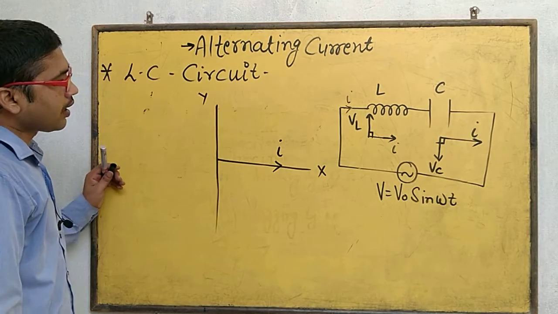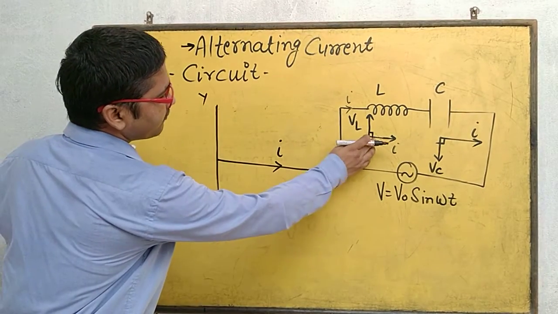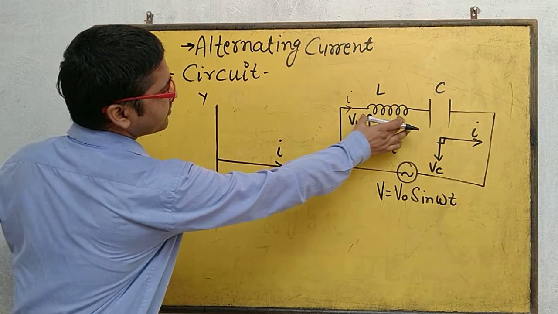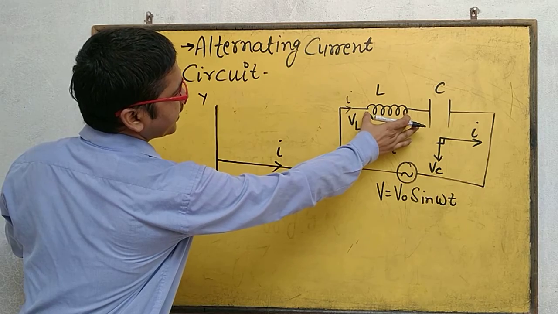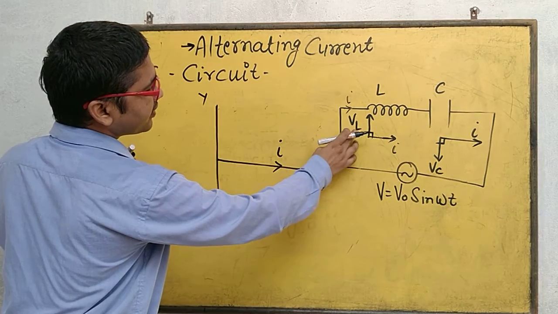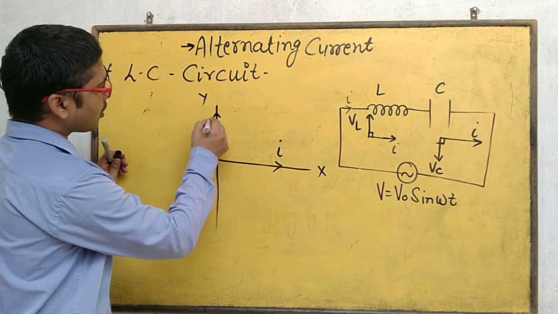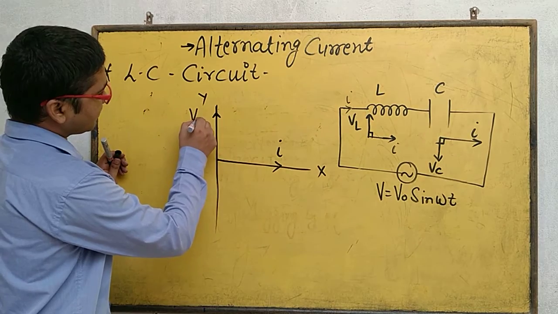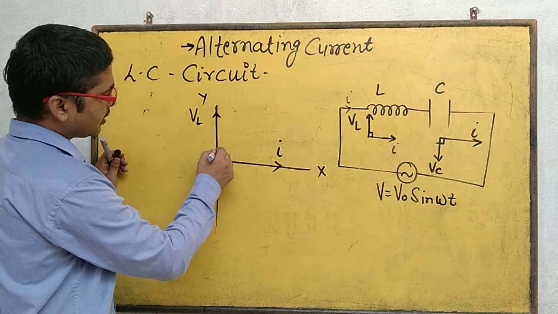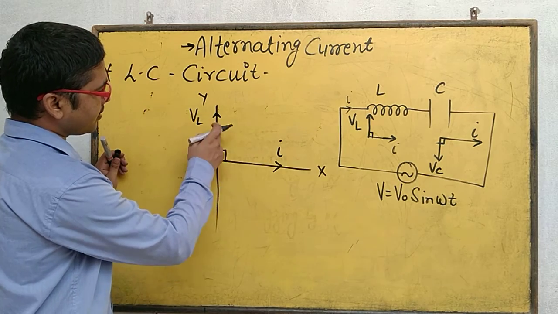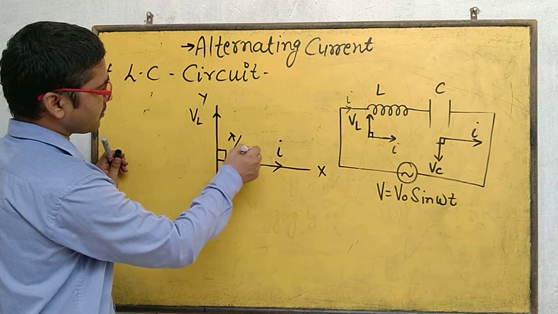Okay, now you can see here the VL, which is the potential developed across the inductor L, is leading the current by a phase pi by 2. So it must be drawn along the positive y axis, so that it is leading the current by a phase pi by 2.